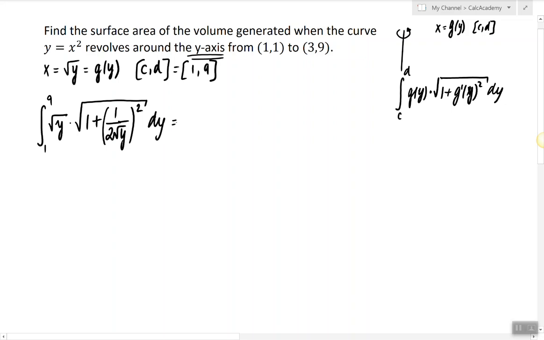Although I forgot to multiply everything by 2 pi in the front, but that's just a constant and doesn't affect the integral. So let's continue.